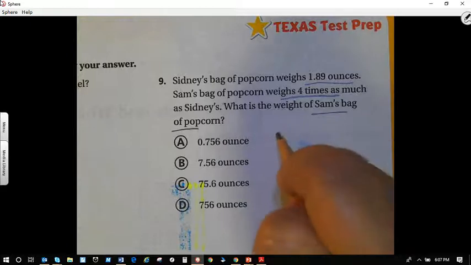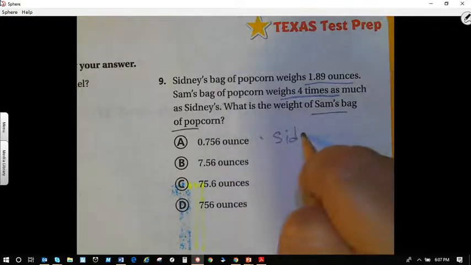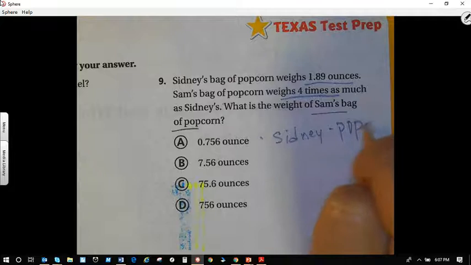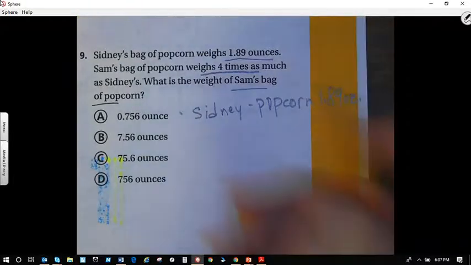So Sydney, so I'm going to put Sid. Popcorn weighs 1 89/100 ounces. OZ for ounces. Sorry about that. Okay.